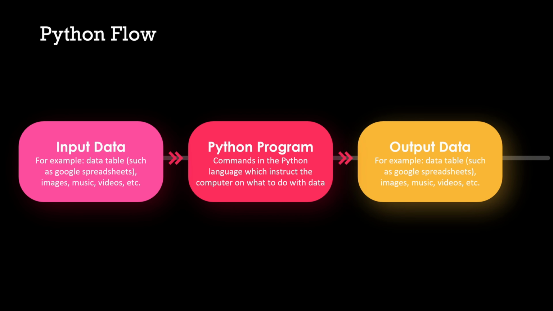It can also be a data table, image, music, video. For example, in the case of the tonsil image that I showed you, we have an image as the input data, and then we can produce a data table explaining that there is a cell, and the features are the average protein expression we measured for this cell. And this is about the Python flow.